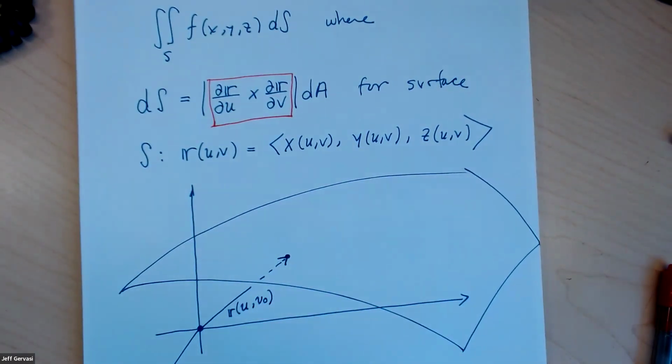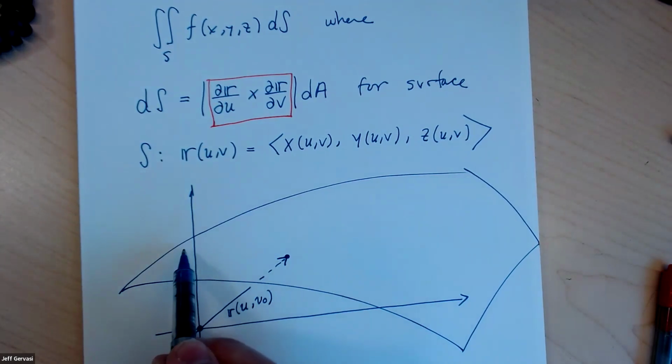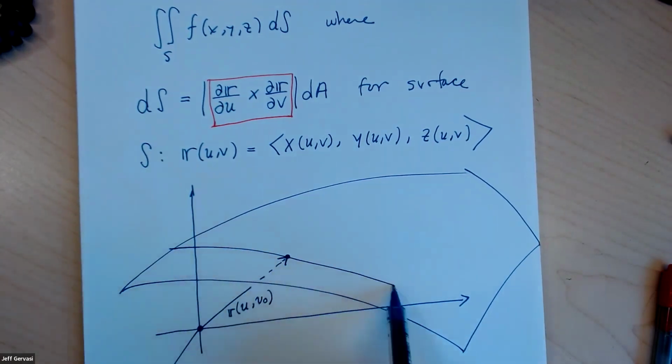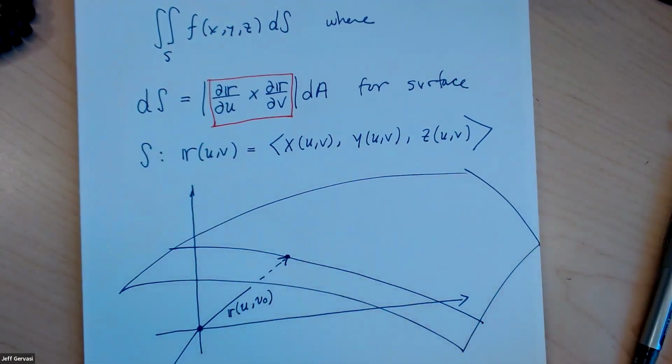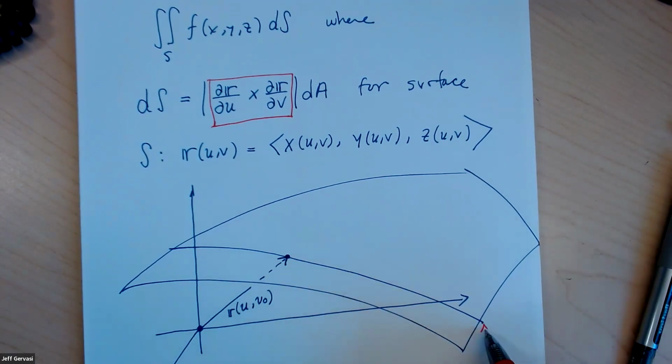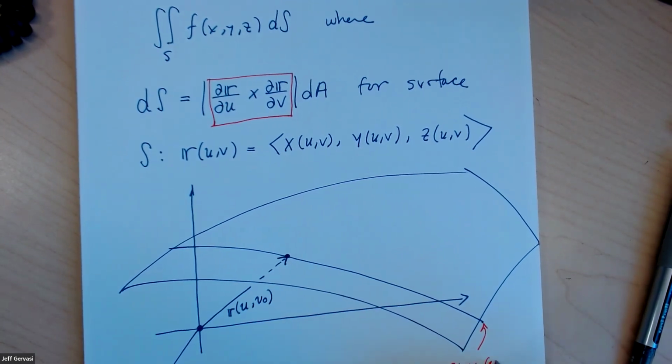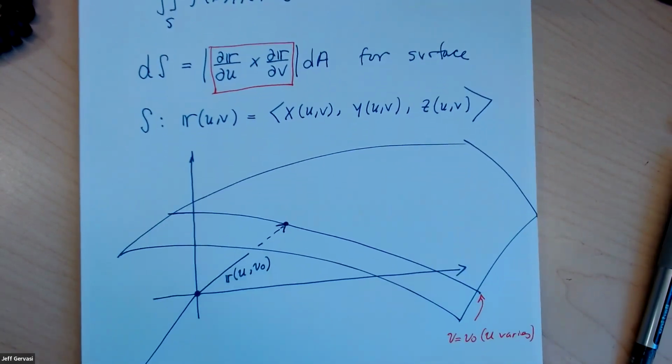In other words, let the second coordinate v be fixed at v sub 0. Then that vector is actually going to represent a curve on the surface. That curve might look something like this. I'll make a note that on that curve, v equals v sub 0, but u still varies.